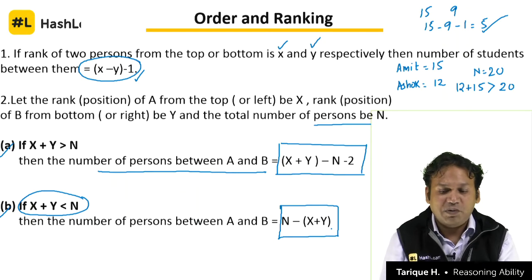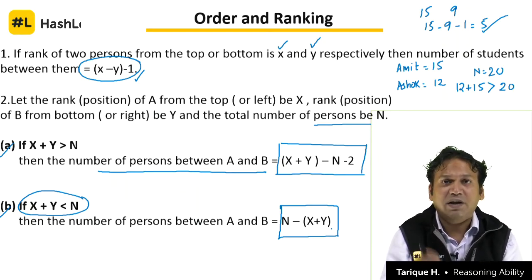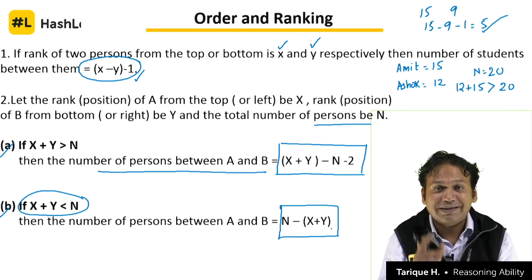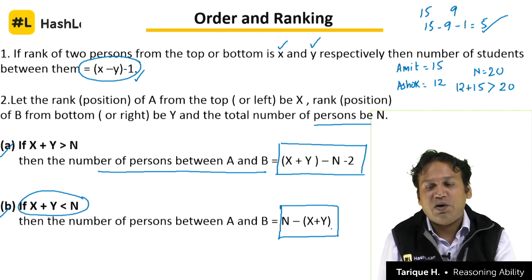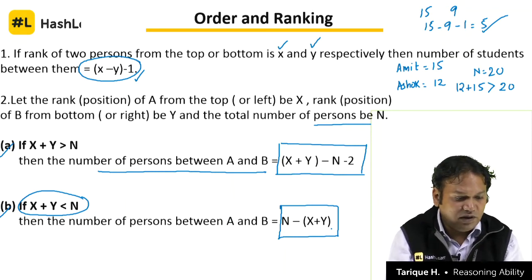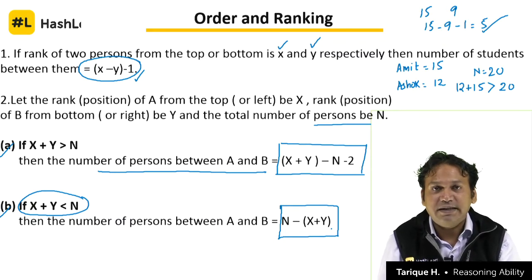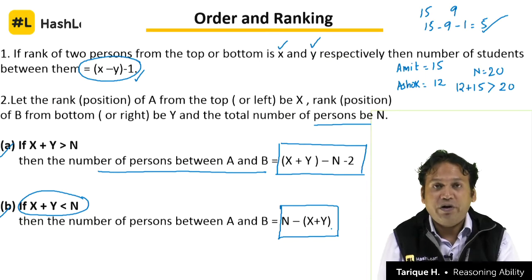So, no diagram, no conversion of ranks, nothing has to be done. Just this one formula and one step, you get the answer. This is what is important for exams like banking, where you need the fastest way of approaching and solving a question. So, note down the three formulas on the screen here, and they will help you a lot in solving questions on order and ranking.